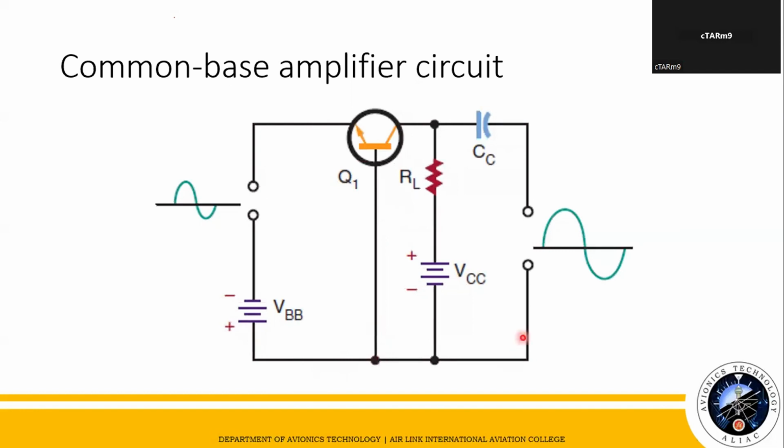So the input signal enters in the emitter-base circuit and leaves from the collector-base circuit, which is ito. Ulitin natin, emitter base and mag-leave siya kay collector base. So the base is the element common to both circuits, both the input and the output.